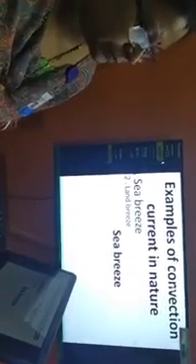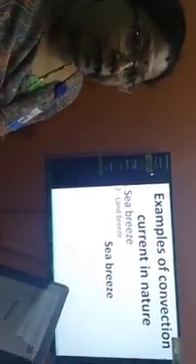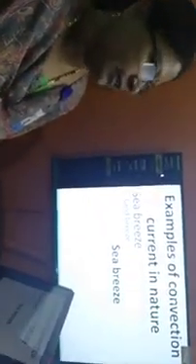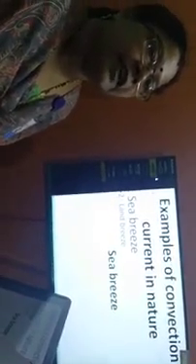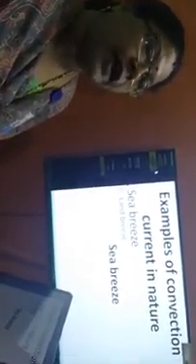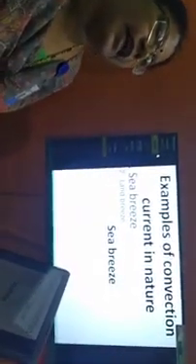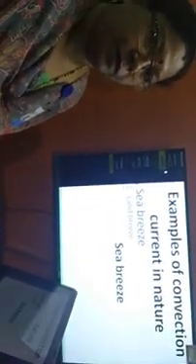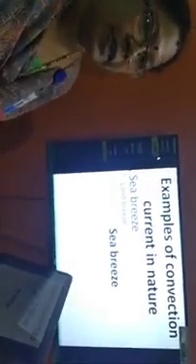In sea breeze, what happens is, during daytime, due to the heat of the sun, the land gets heated faster and the water in the sea region gets heated very slowly. So when the air above the land gets heated fast, it rises up and moves towards the sea.